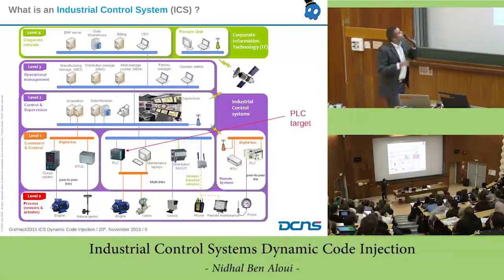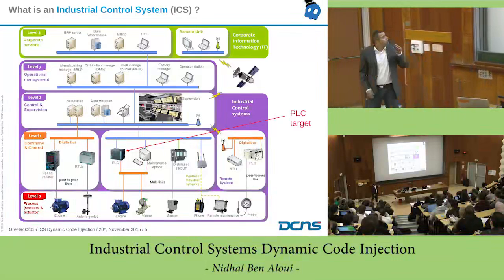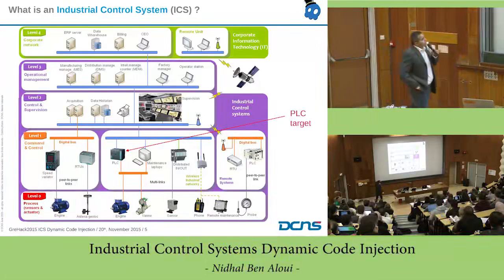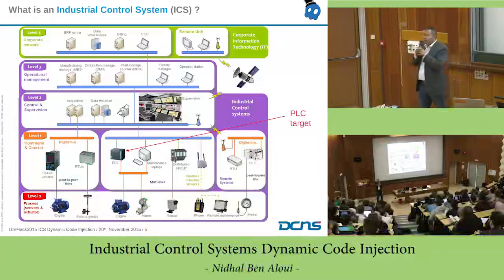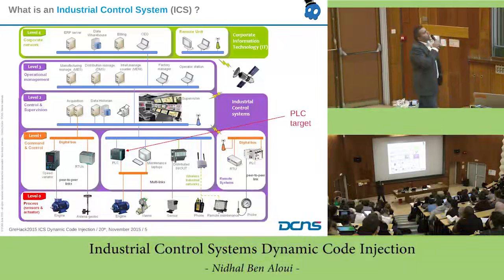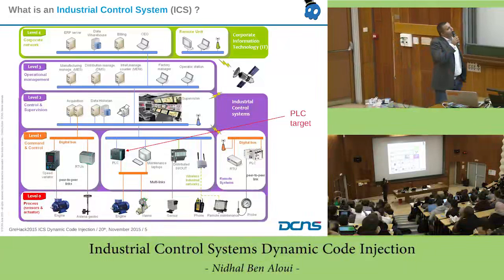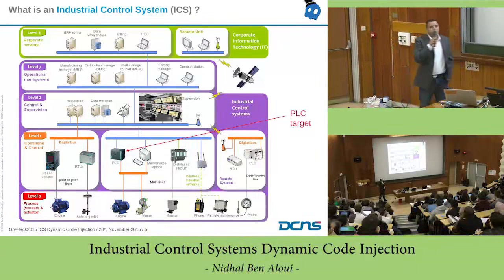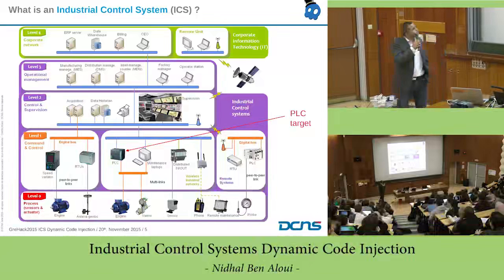And we have the third level, which we call operating management. In general, it's the level of one factory, for example, or one ship, in which we have some servers and IT computers to control and manage all this infrastructure.